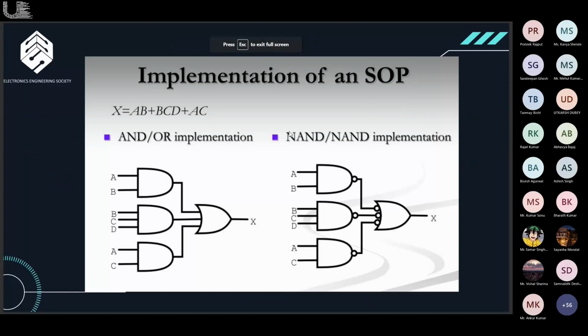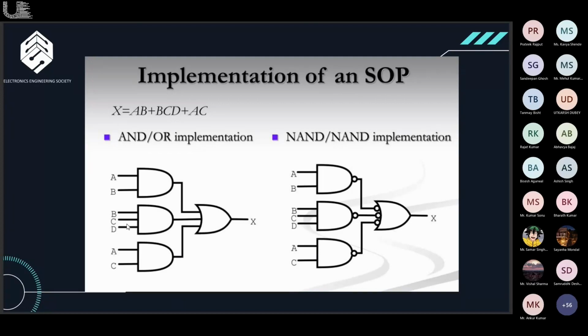Similarly, this is the method of implementation of an SOP expression. An SOP expression would just be some minterms, that means some Boolean variables would be multiplied, and then those multiplied terms would be added. So here it would form a series of AND gates which will multiply the respective terms.